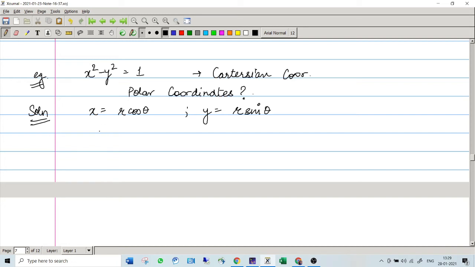So this equation now happens to be r square cos square theta minus r square sine square theta, and it is equal to 1. Then you can solve: r square cos 2 theta is equal to 1, and this is your required equation in terms of polar coordinates. It is simple like this.